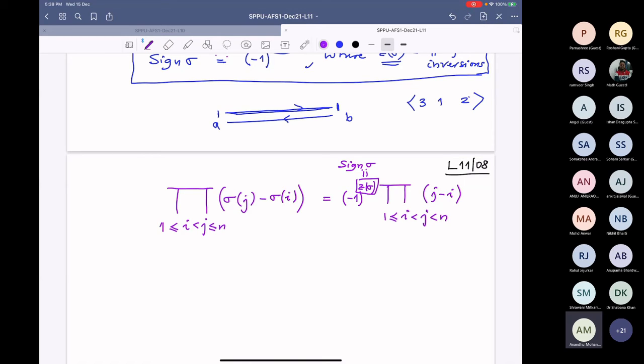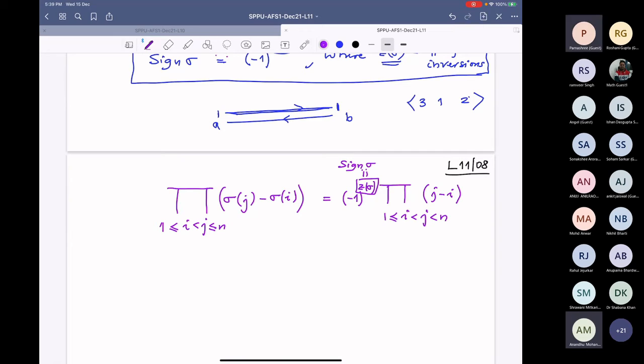And this looks like a very complicated definition to me to check that it is a group homomorphism. So that is what I want to say.